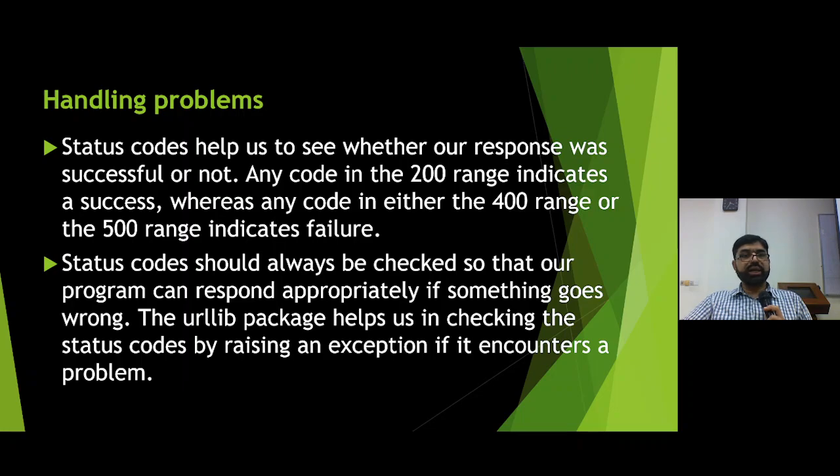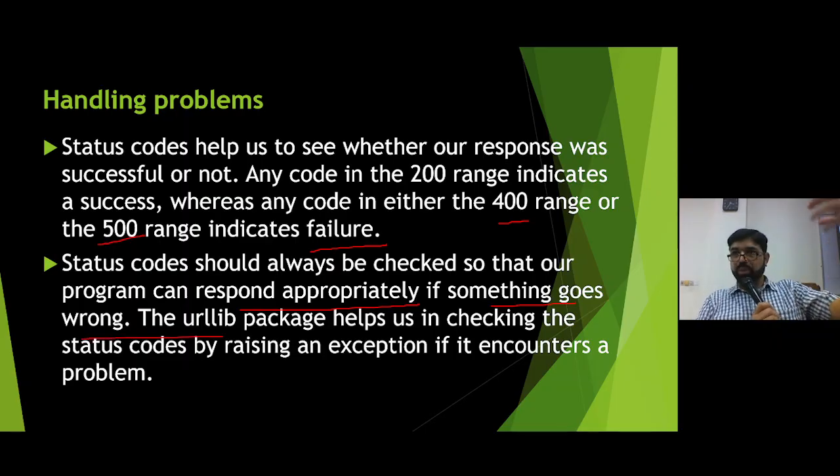Status codes help us to see whether our response was successful or not. Any code in the 200 range indicates a success, and any code in the 400 or 500 range will be a failure. Status codes should always be checked so that our program can respond appropriately when something has gone wrong.